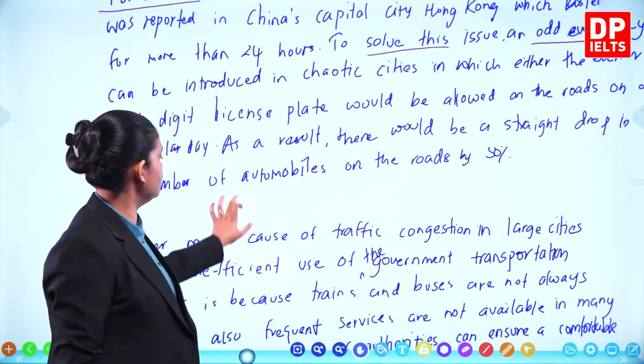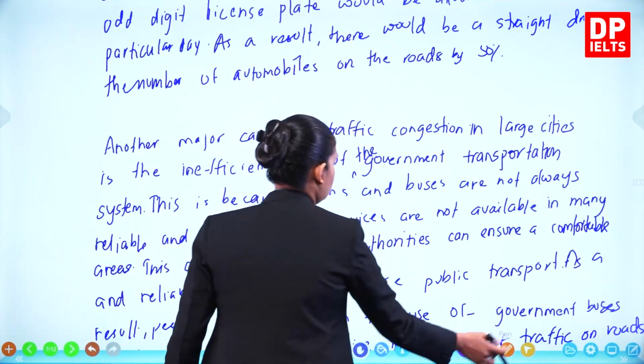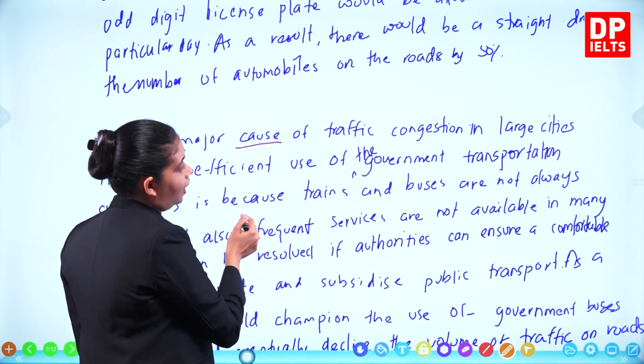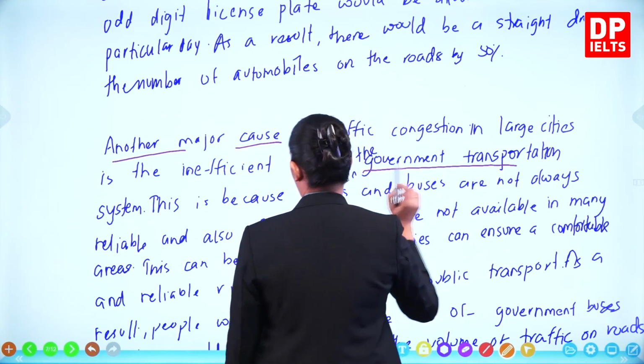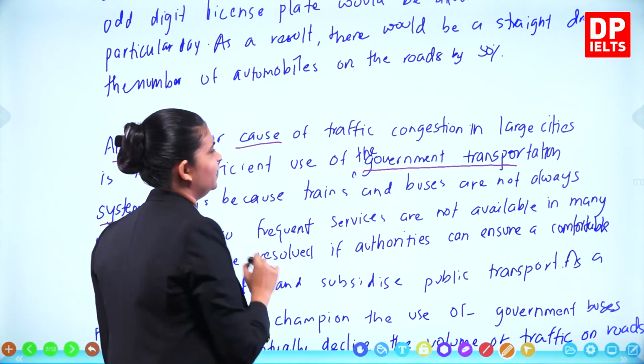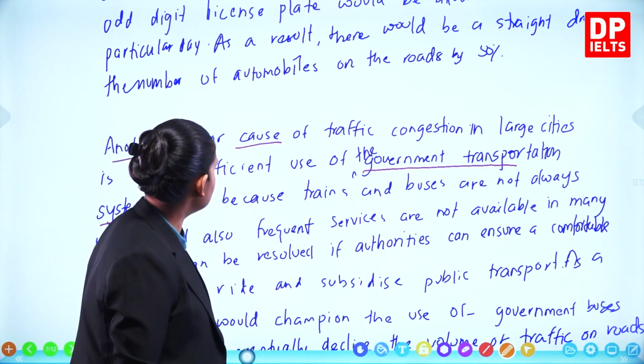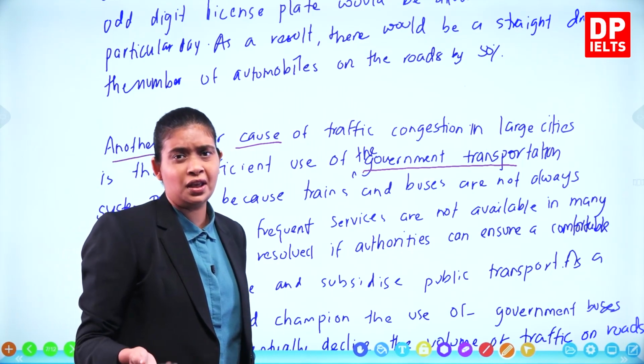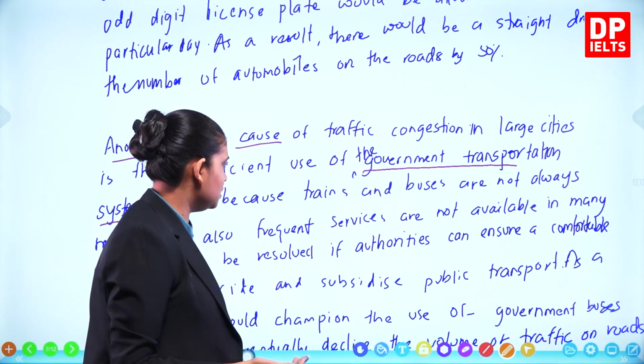Then I move on into the second one, which I say another major cause for that is that the government transportation system is not being developed. I think that's quite true in Sri Lanka as well, right? So they're not always reliable and they're not comfortable. They are heavily crowded, right?